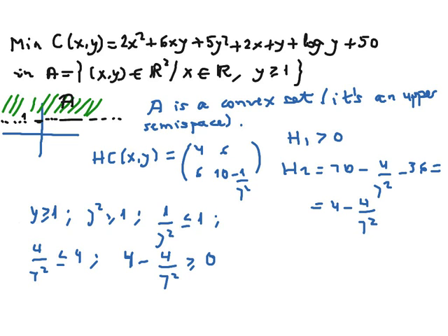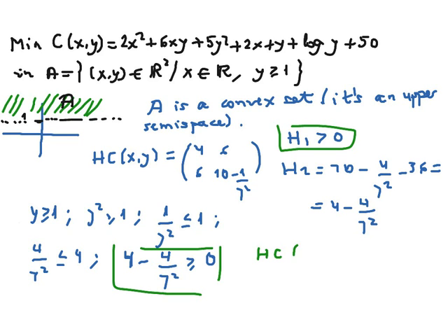So we have the first one is positive and the second one is greater or equal than 0. Then H evaluated at any point is positive semi-definite in A, which means that C is convex.